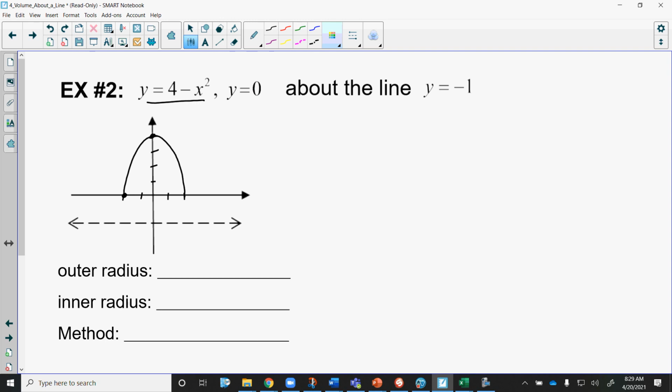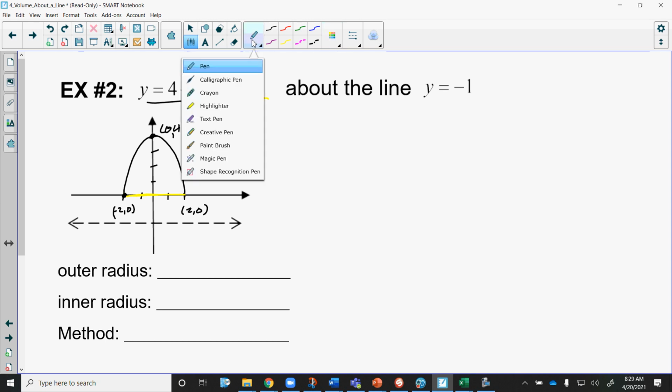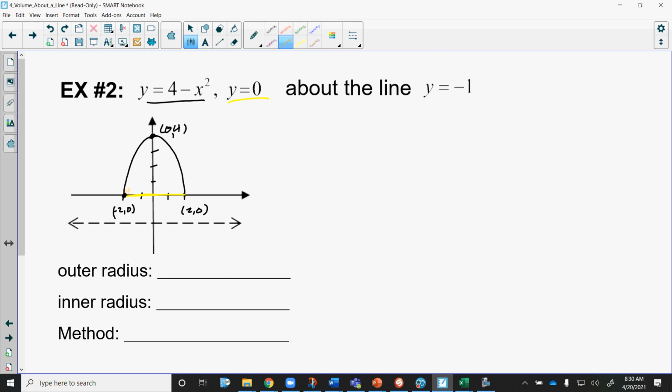So it'll have roots here at -2, 0, at 2, 0, and of course this is at 0, 4. And then we have y is equal to 0, which is just going to be the x-axis here. So the figure that we're going to be rotating is just this stuff here.